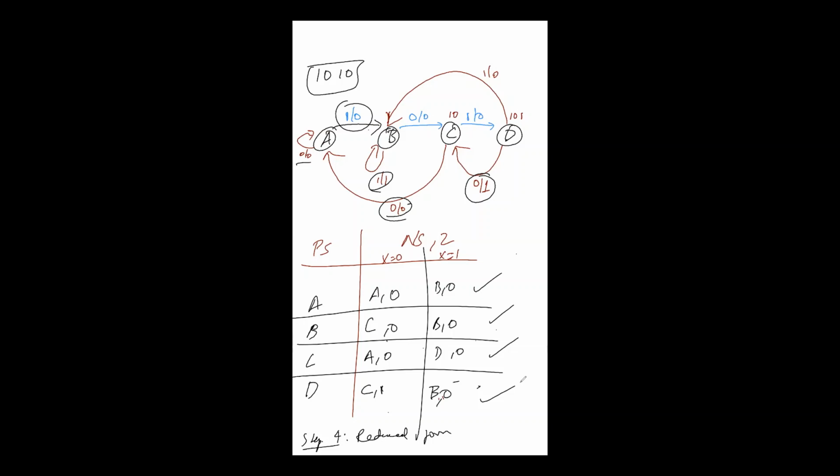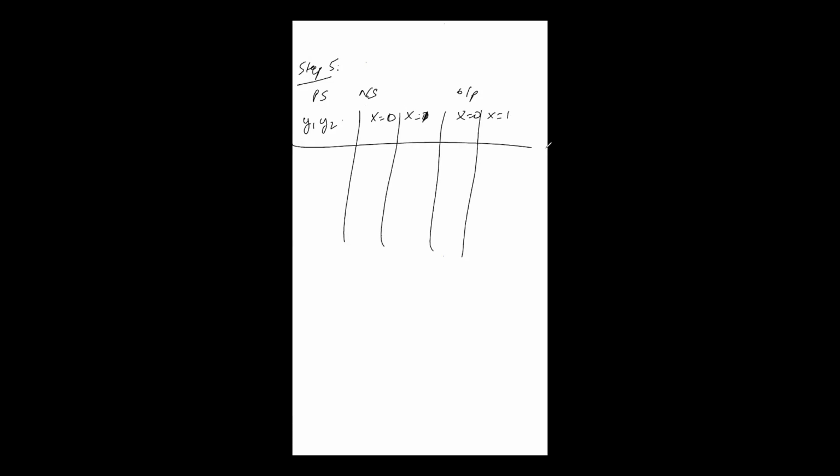Next you have to do the state assignment, with present state and next state corresponding to small y1, y2. The input conditions are 0 0, 0 1, 1 0, 1 1.